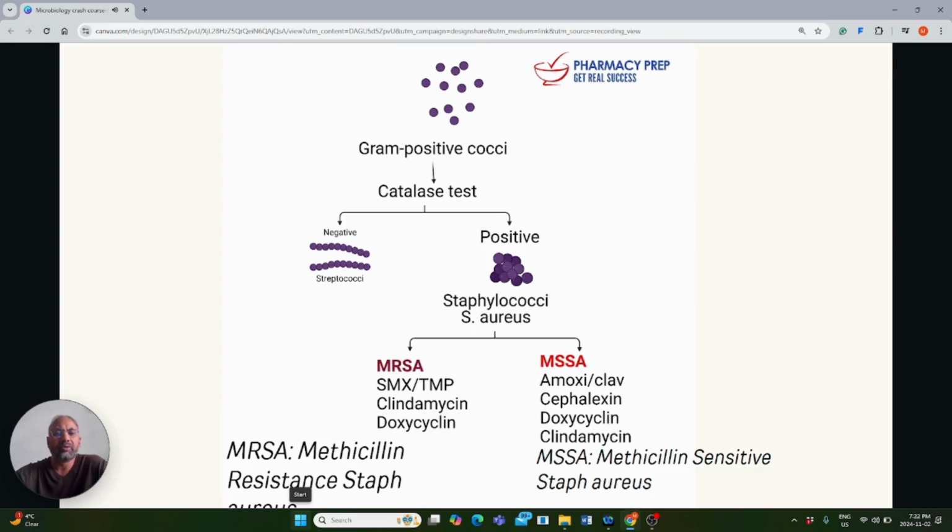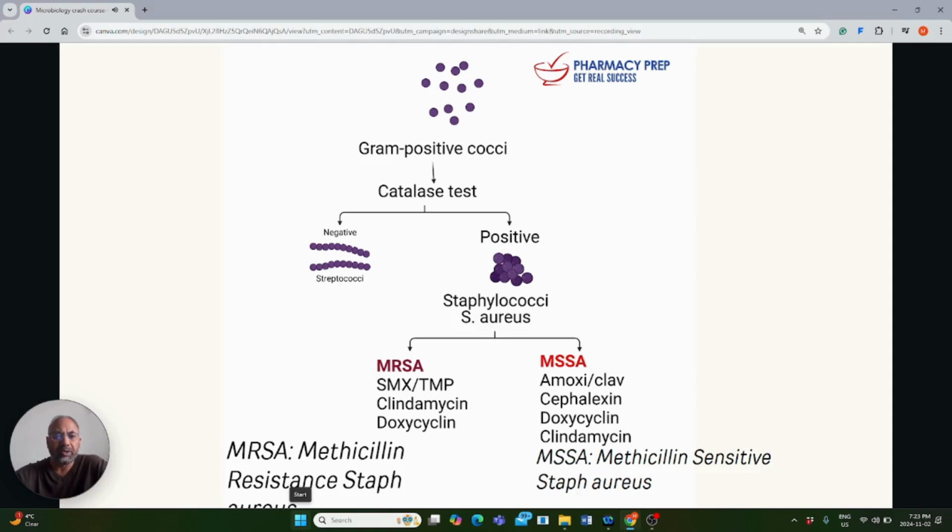Okay, so going over this slide once again, we have the gram-positive cocci, and they are catalase positive. Then they are most probably Staphylococcus. Then we do a coagulase test, and that is also positive. So we know that's a Staphylococcus aureus. And then this Staphylococcus aureus, we subject this to the test with methicillin. And if they are methicillin resistant, they are called the MRSA. And if they are methicillin sensitive, they are called the MSSA.